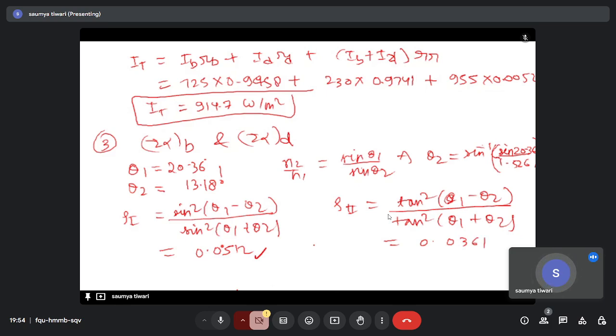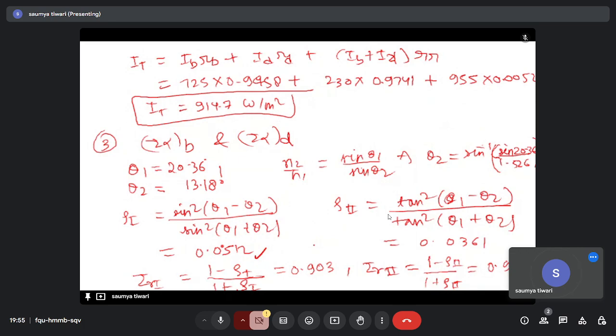So we know rho 1 and rho 2. We can calculate the transmittance due to reflection: (1 minus rho 1) upon (1 plus rho 1), which comes to 0.903, and the second component, (1 minus rho 2) upon (1 plus rho 2), which comes to 0.930. So now we've calculated both components for reflection.